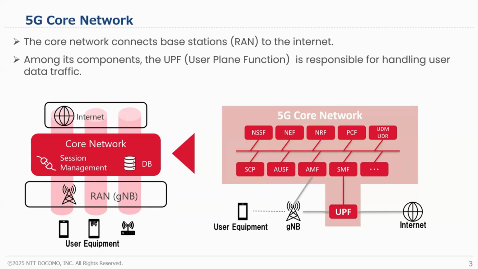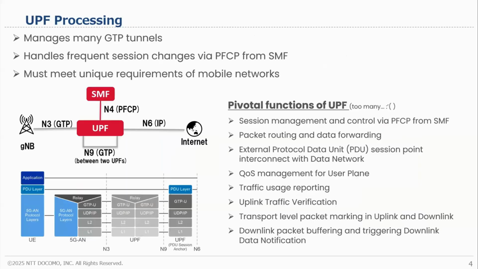UPF stands for user plane function, which handles user traffic. In order to handle the user traffic, the GTP tunnel is used in the mobile network.